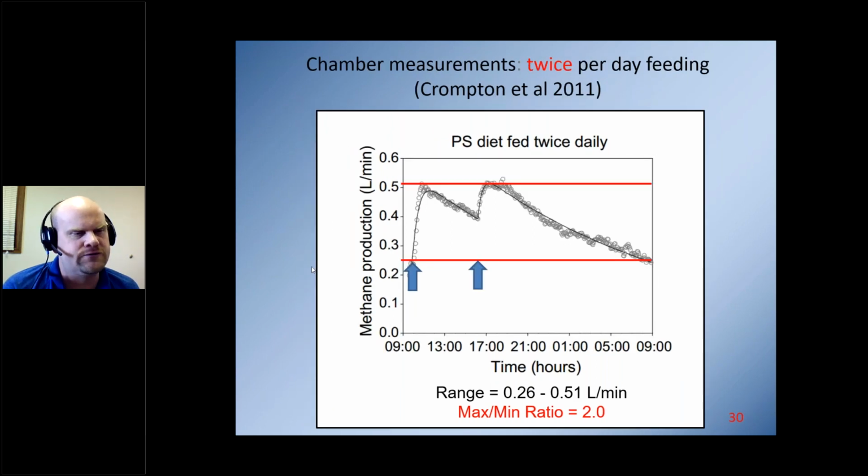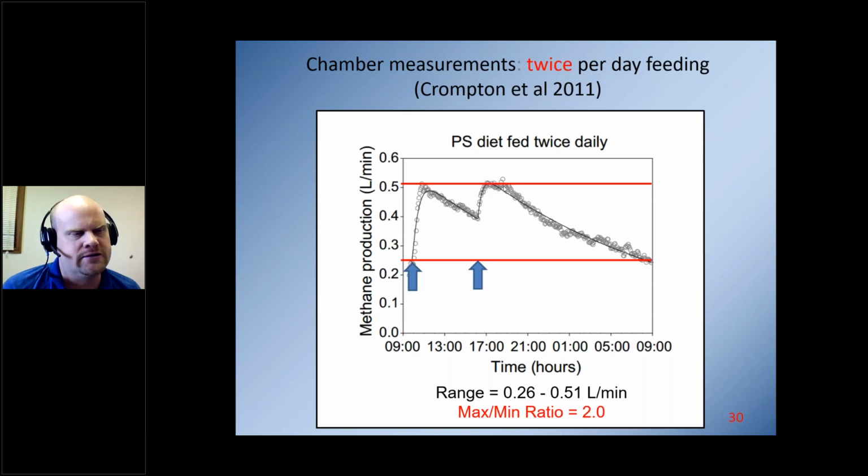But what happens if we feed the animals twice a day instead of once? We're feeding a smaller amount: instead of one large amount at the beginning of the day, we're feeding half as much twice a day. What we find is, again, methane emissions go up, but because the amount is smaller, the increase is less.